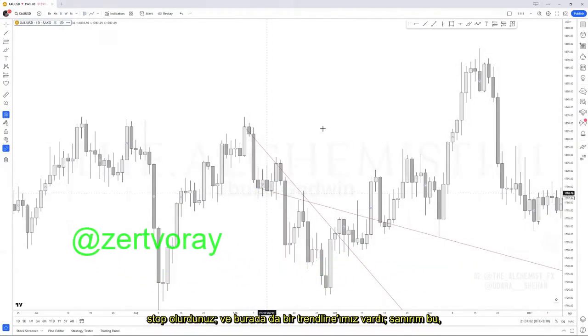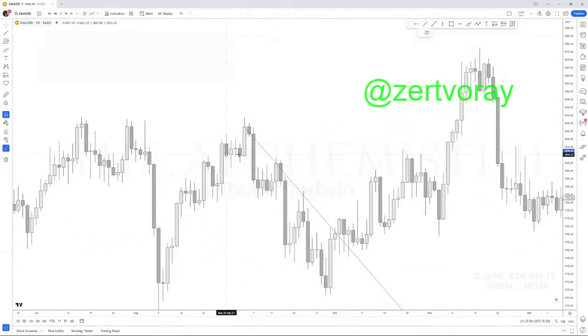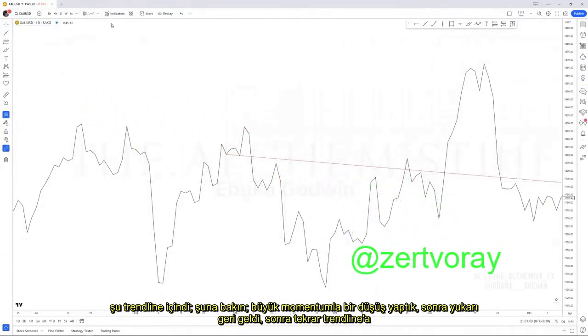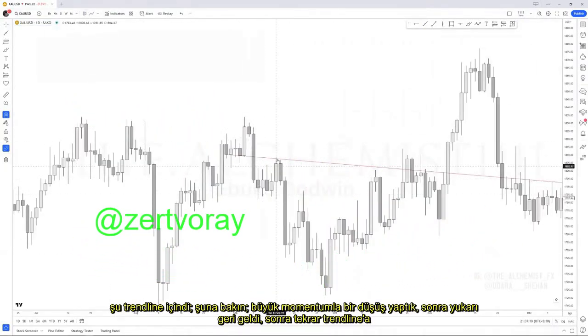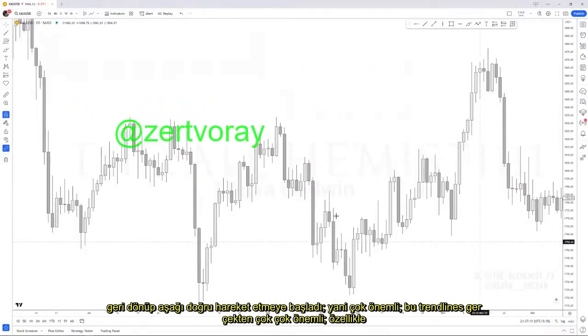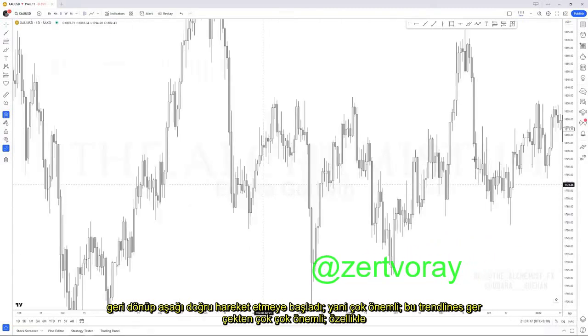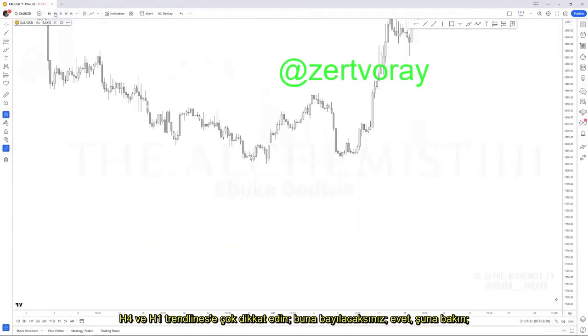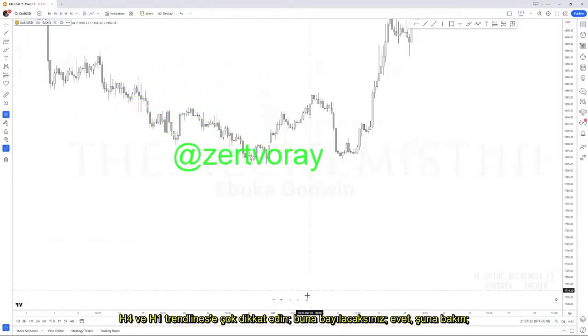I think it was for this one. See that? We made a huge drop. With momentum, came back up, started moving down, back into the trend line, starts to move down. Okay, so very important. These trend lines are very, very important, especially pay a lot of attention to H4 and H1 trend lines. Okay, you will love that.